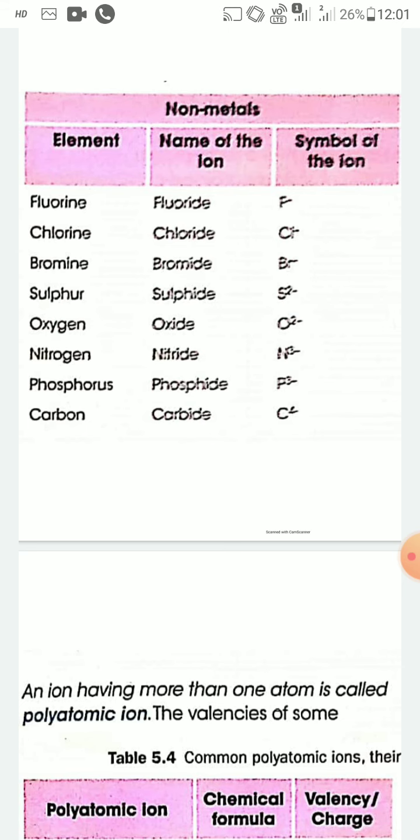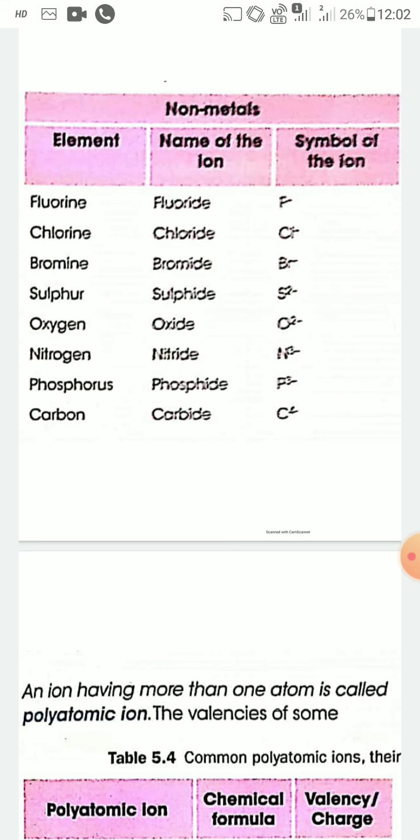Chlorine forms the chloride ion, Cl-. Bromine forms the bromide ion, Br-. Sulfur forms the sulfide anion, S2-. Oxygen forms the oxide ion, O2-. Nitrogen forms the nitride ion, N3-.